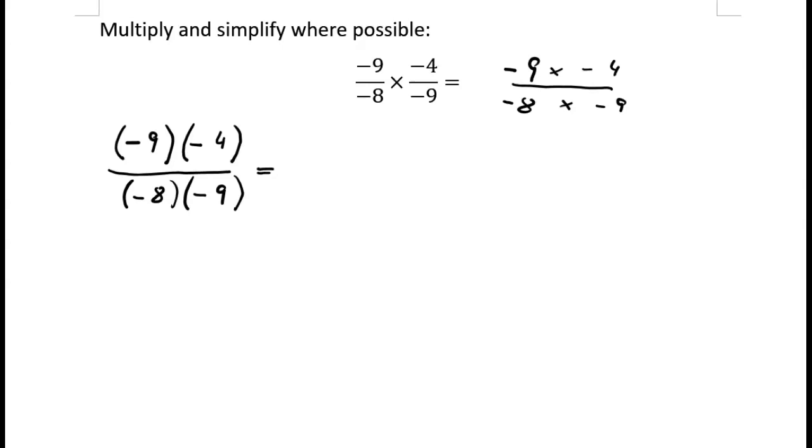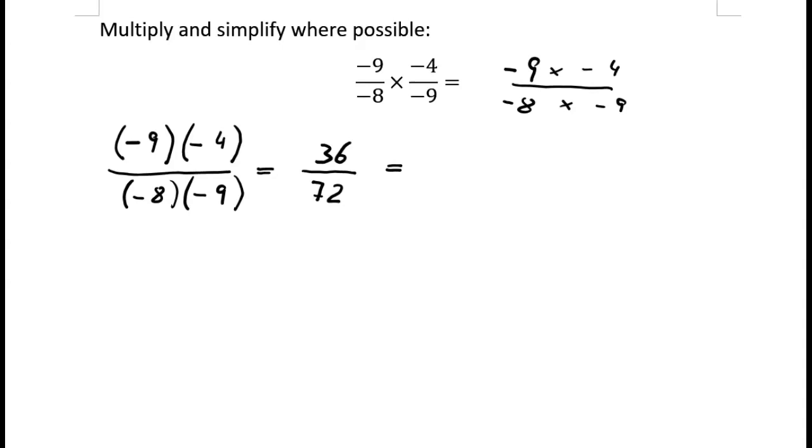So -9 times -4 gives us positive 36. And -8 times -9 gives us positive 72. Now we can simplify this a little bit, and we can break that down into primes.